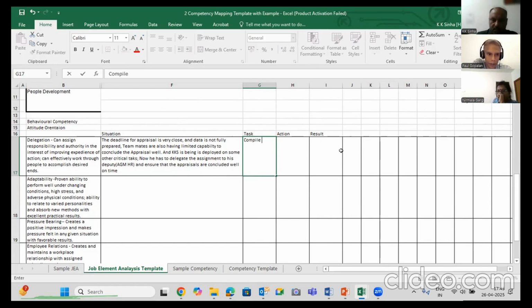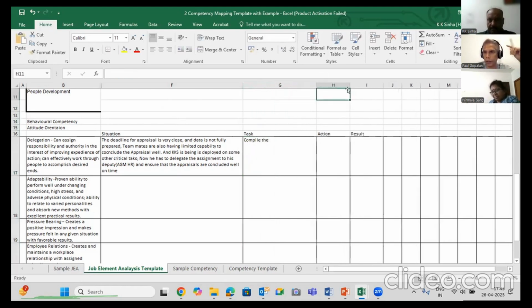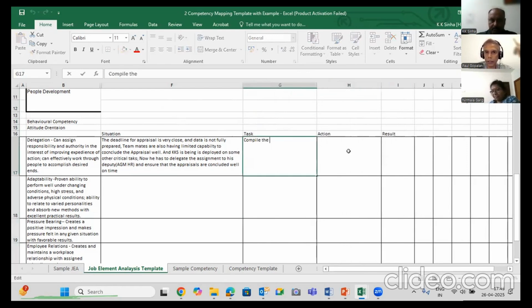Could we say that the task is to complete the appraisal before the due date? Isn't that the task? No, the task was to compile the data.